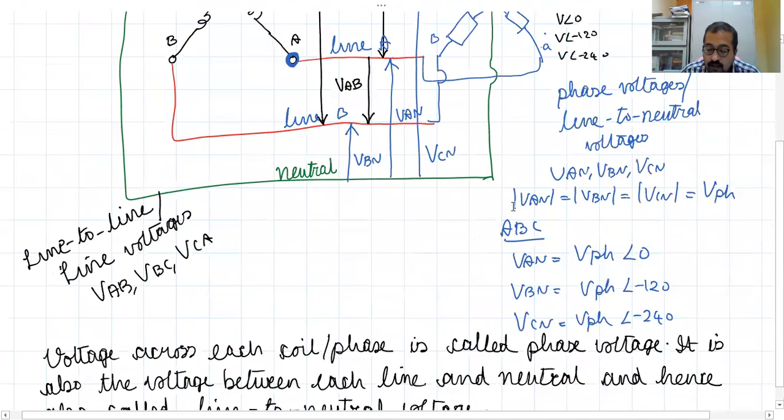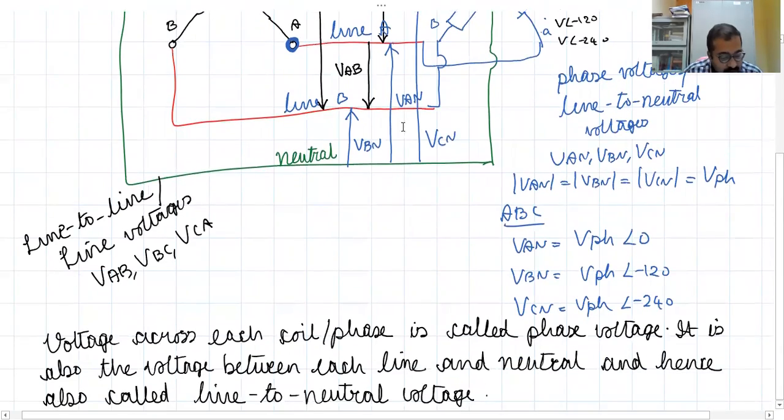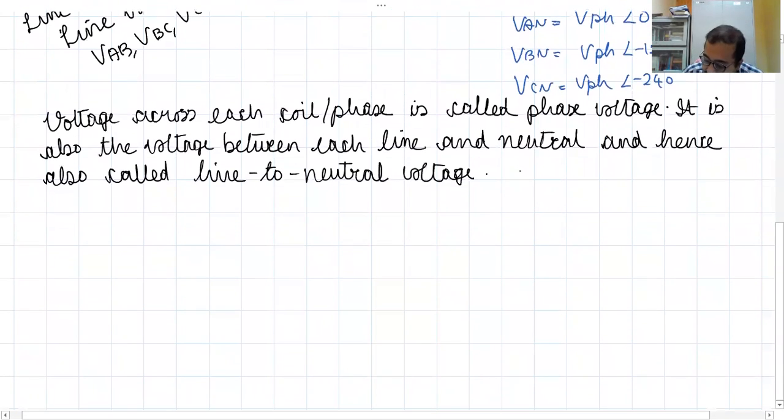Okay, so what are the phase voltages here? VAN, VBN, and VCN. Okay, these are the phase voltages or line to neutral voltages.